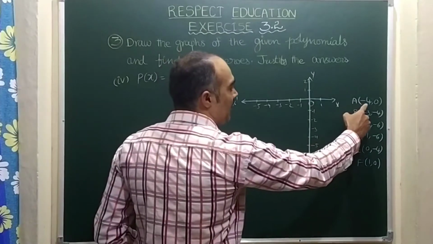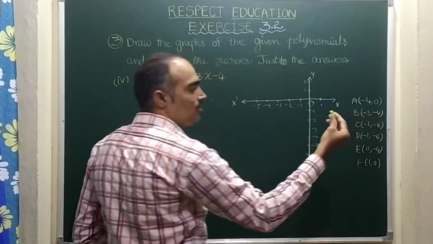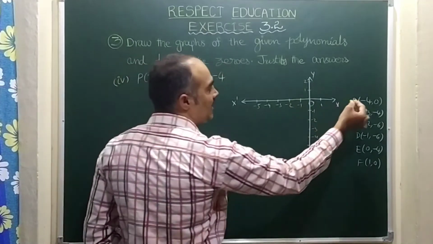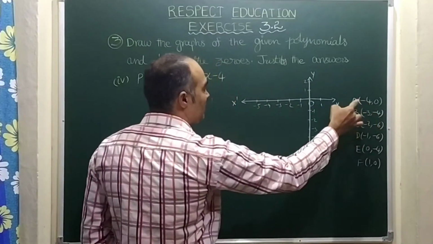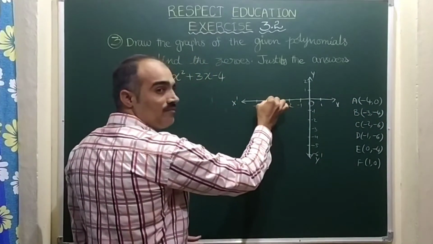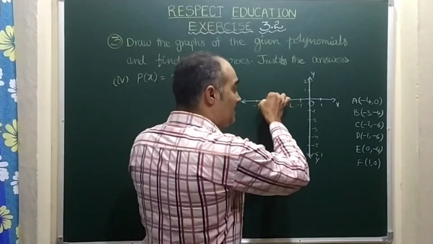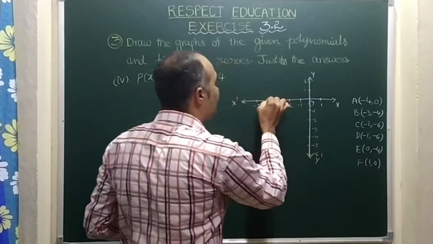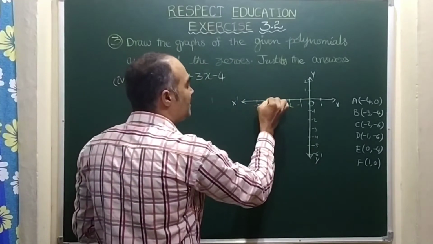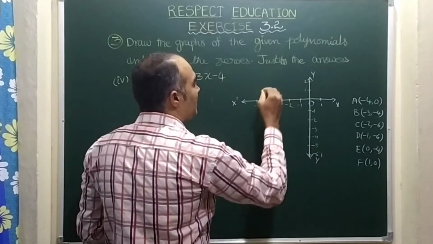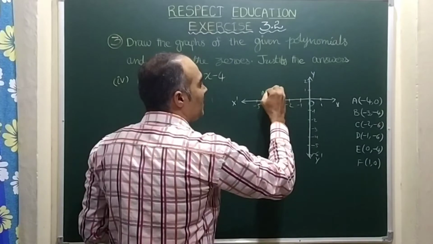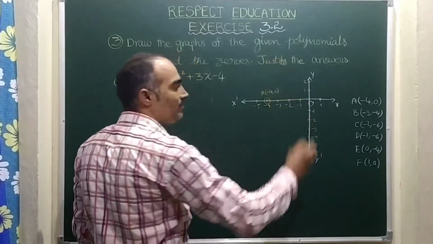First A minus 4 comma 0. As I told you, just imagine this is the bike and its parking place is minus 4 for the first point. See, I am waiting at minus 4. Right? And the next corresponding value is 0. 0 means I need not go either up or down. So here this is the first point. Here I am taking it as A minus 4 comma 0.